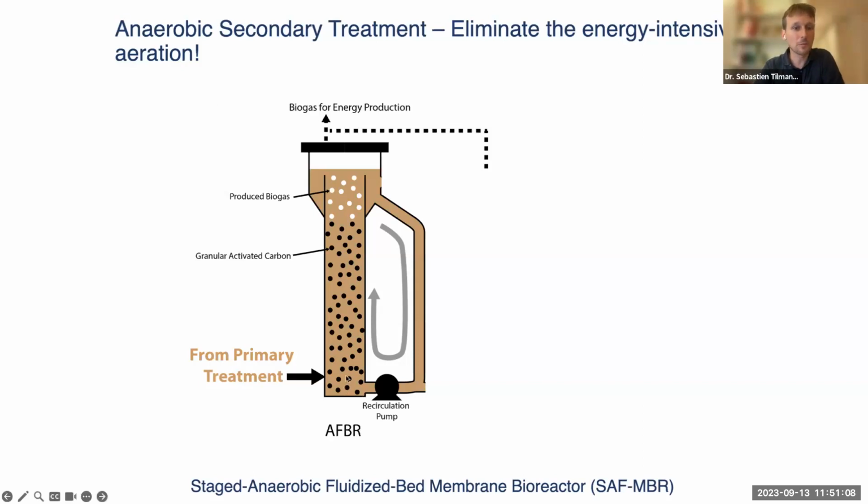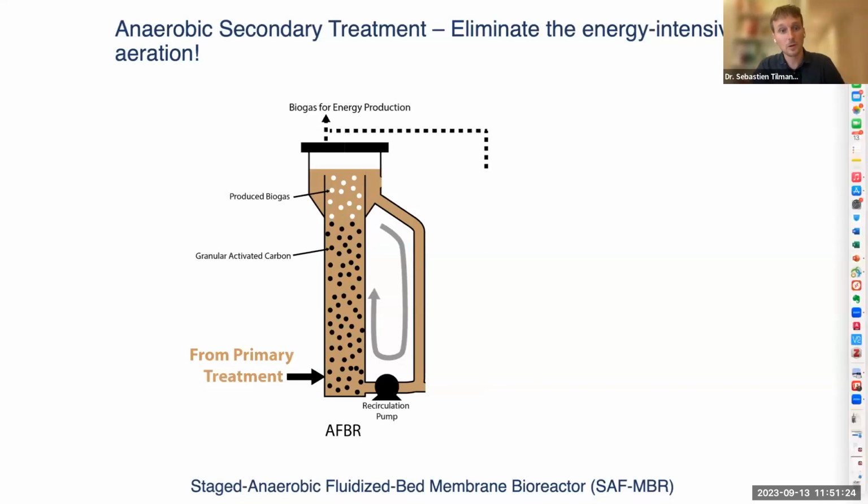We have a recirculation pump that pumps water up vertically through this bed of carbon and keeps it fluidized. So these grains of carbon are falling about as fast as they're getting pushed back up by the water, and they stay suspended in the turbulence of the water column. As they consume organic material in the water, they produce biogas, bubbles of biogas. This is methane primarily, about 85 to 90% methane in this case.